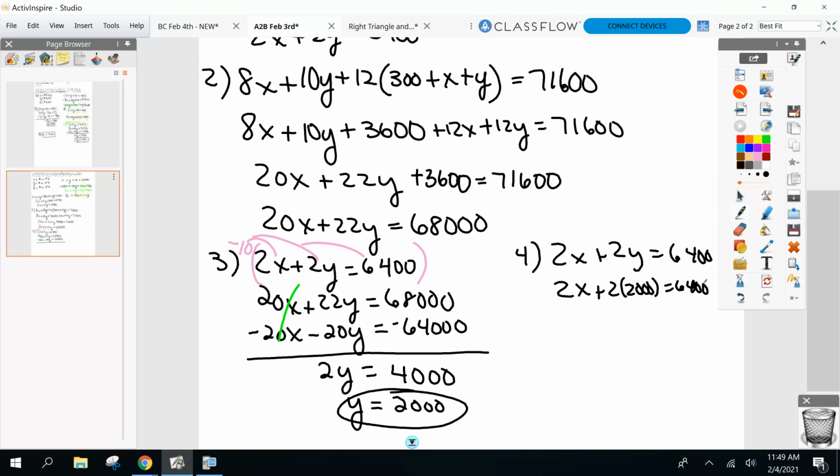Plug in for y, solve for x. $1,200 into the 8% account.